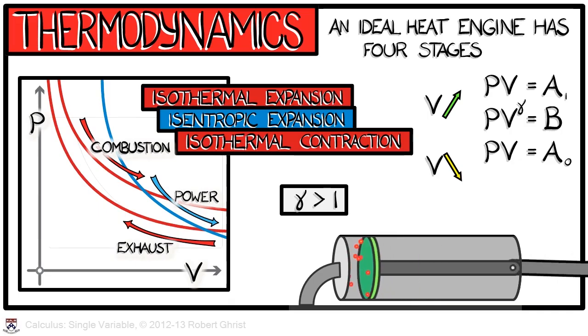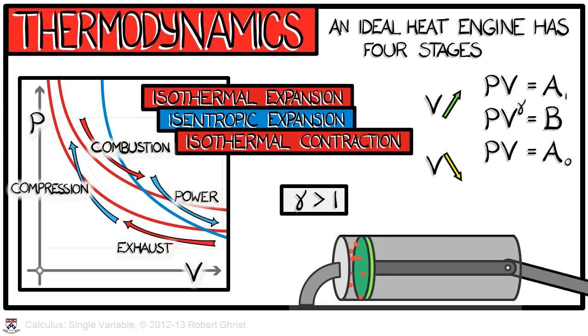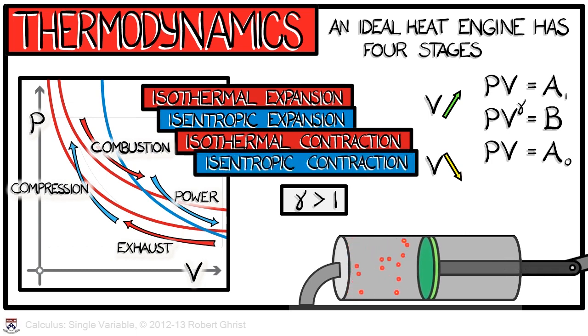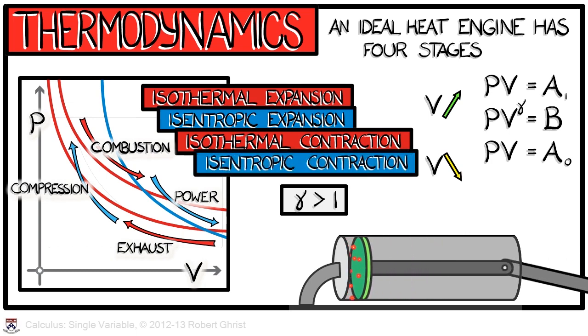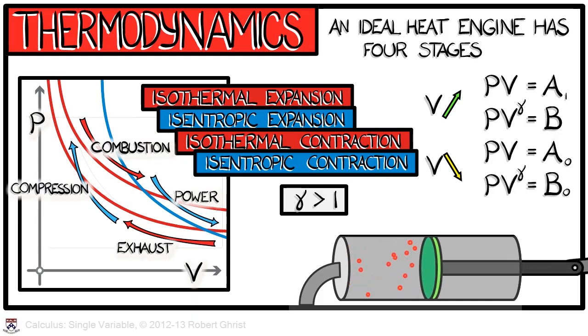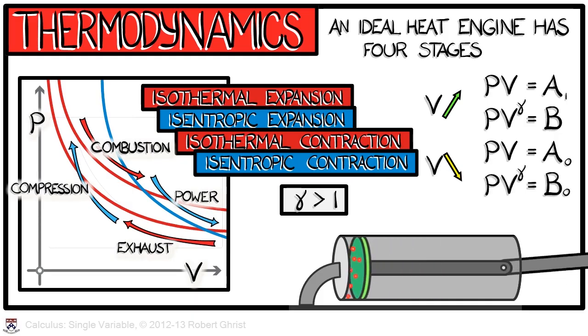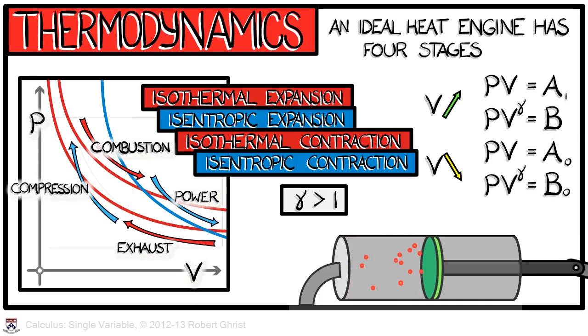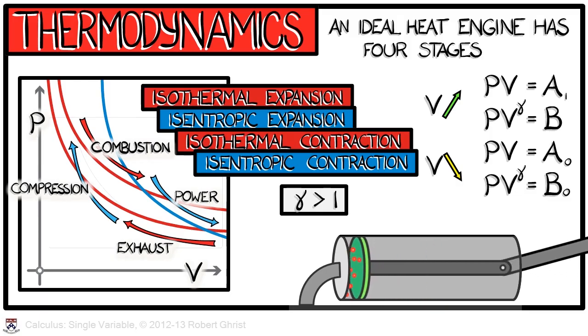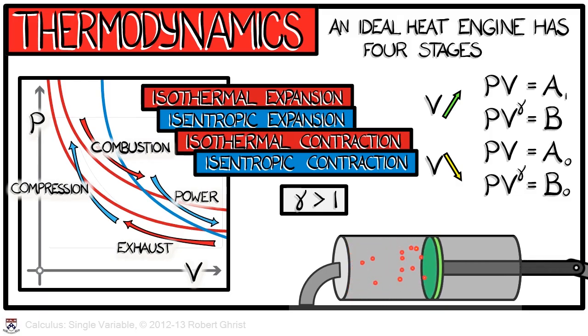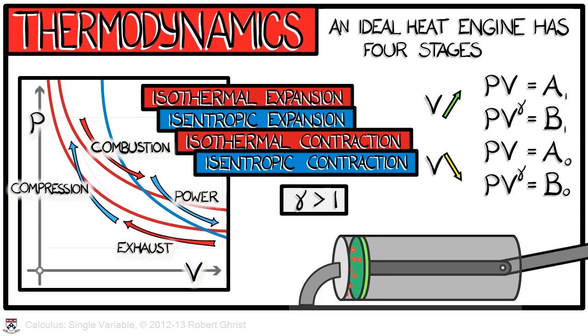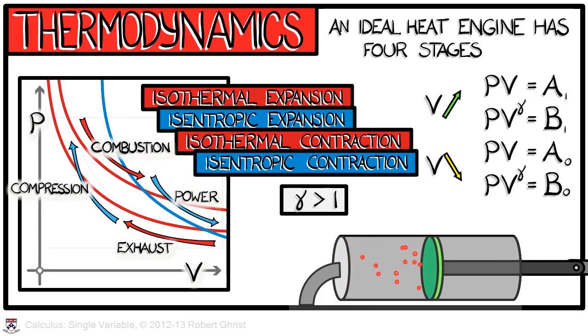Now we're moving to the left along one of these curves. The last stroke is the compression stroke, otherwise known as an isentropic contraction. Volume is decreasing, and you move along the curve P, V to the gamma, equals a constant. We'll call this fourth constant B naught, replacing the B in our earlier isentropic expansion with B1.